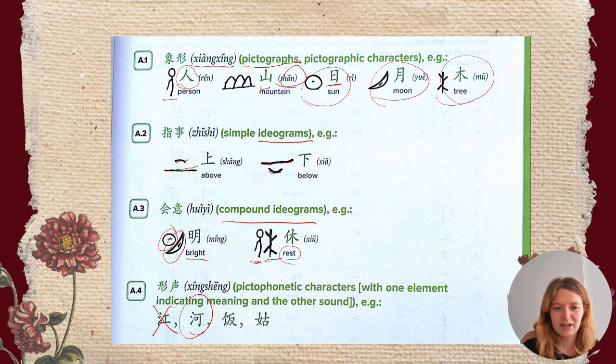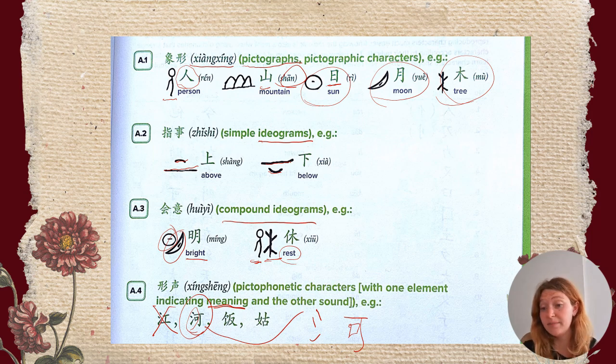So let's first look at this character over here. We'll pull it over here. So these three dots at the beginning represent water. Okay, so that gives you some idea of the meaning. It will have something to do with water. And then this character, when written by itself, 可, is pronounced 可.